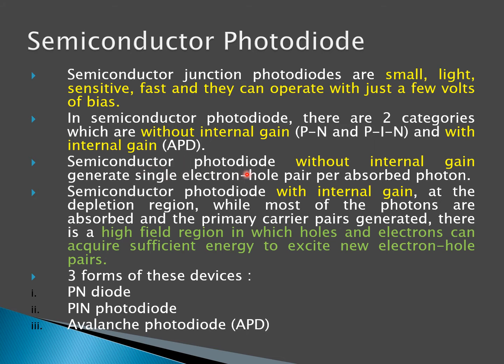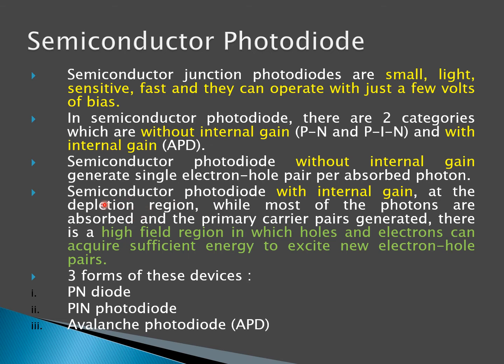For the photodiode without internal gain, it will generate a single electron hole pair per absorbed photon. So every absorbed photon will only generate a single electron hole pair.